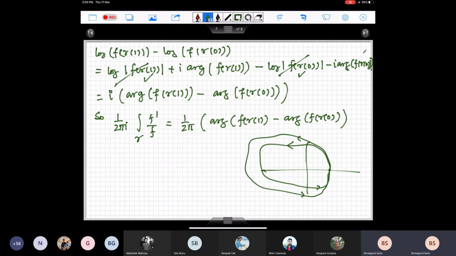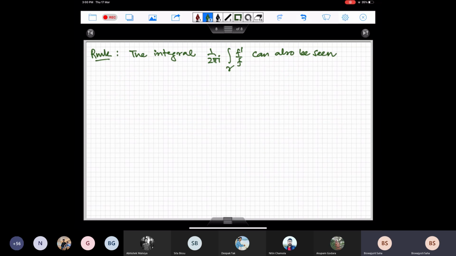So of course there is some kind of winding philosophy. It can be seen as the winding number of f composed gamma around 0.